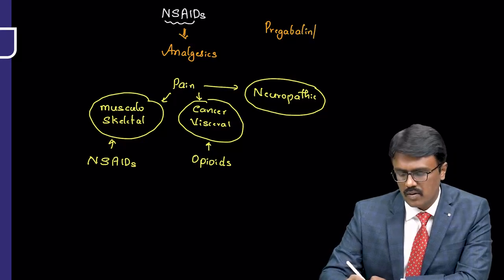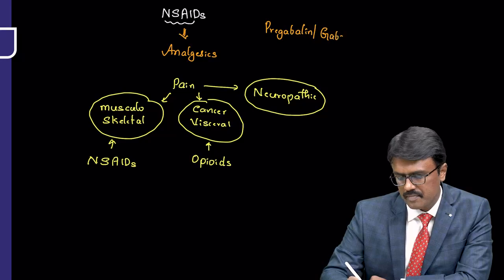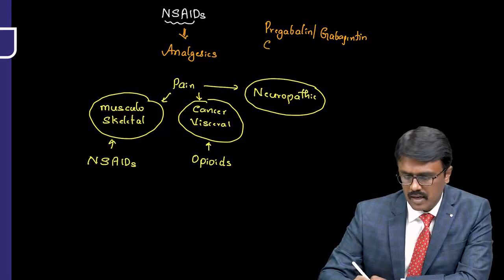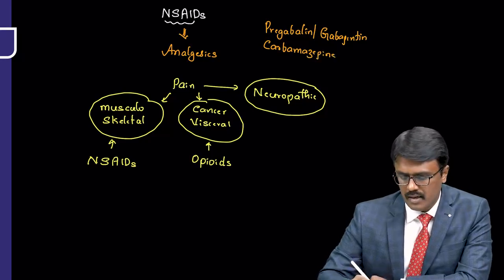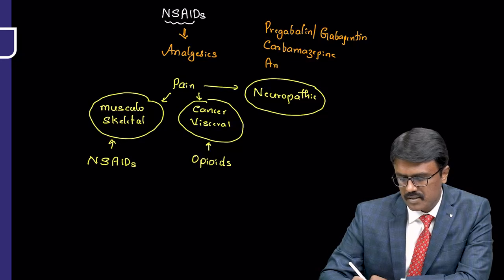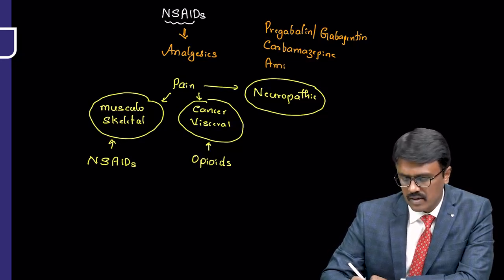Similar to that, one more drug called gabapentin, an anti-epileptic drug called carbamazepine, and an antidepressant, a tricyclic antidepressant, that is amitriptyline.